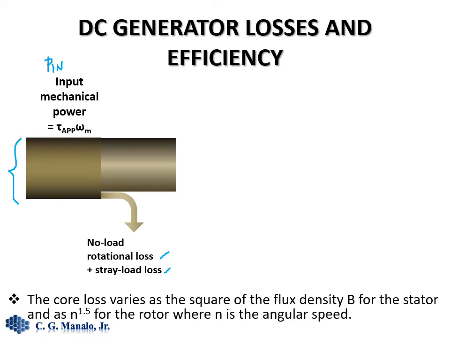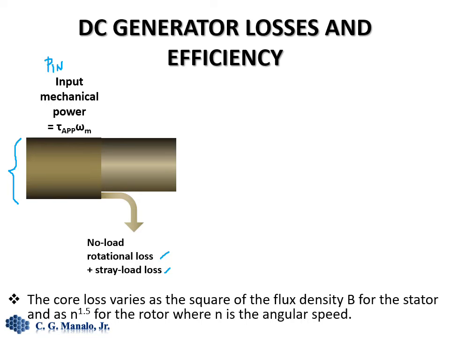Rotational loss is the loss due to windage, so the loss due to the friction created by the armature as it rotates in the air gap where there is air inside. So there's actually friction, and that contributes to the loss.